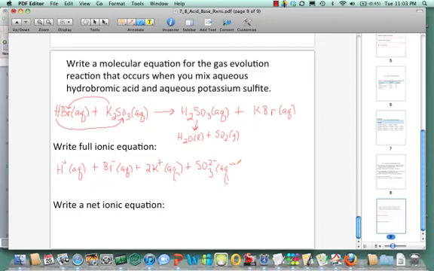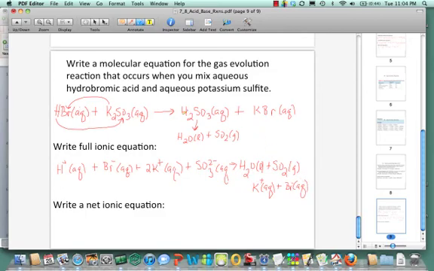Now this is going to yield H2O liquid, which we cannot write as a separate species, SO2 gas, and K plus, aqueous, and bromide, aqueous.